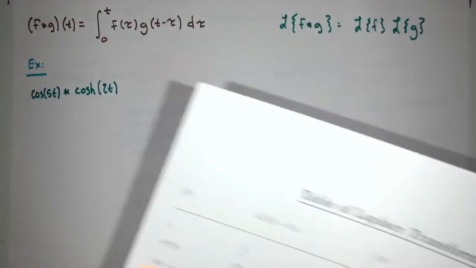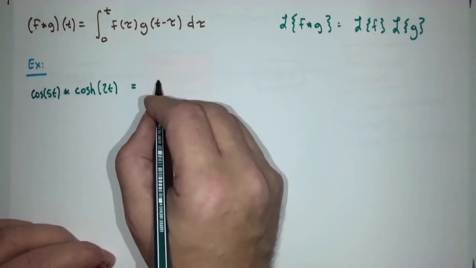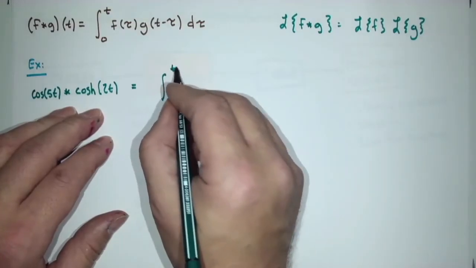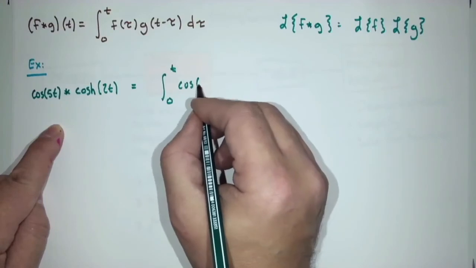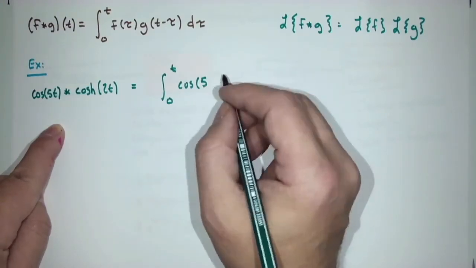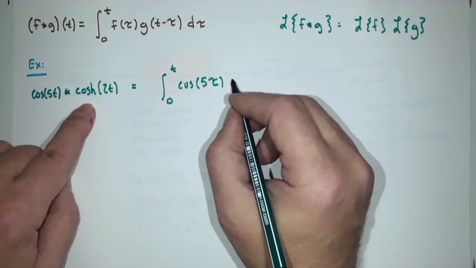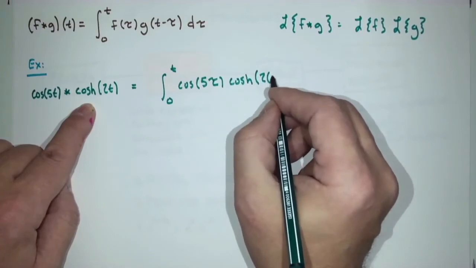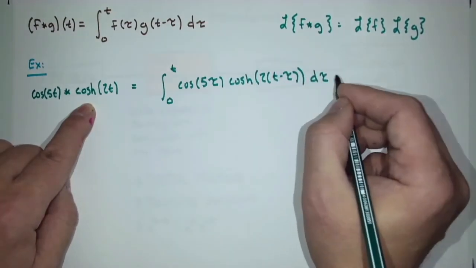So now you might say, where's the problem, Steve? Let's just make the question this. Integral 0 to t, so I'm applying the rule. Cosine of 5 tau, and then I have cosh of 2 times t minus tau, and I say d tau.